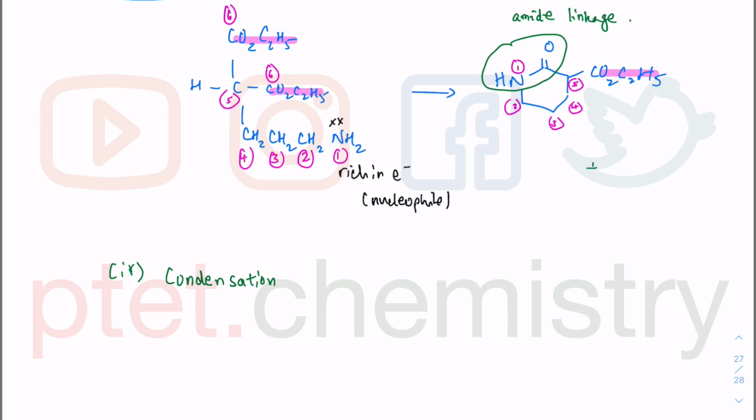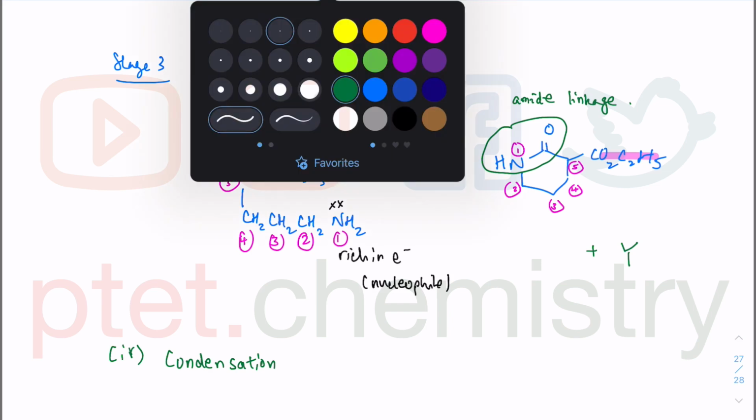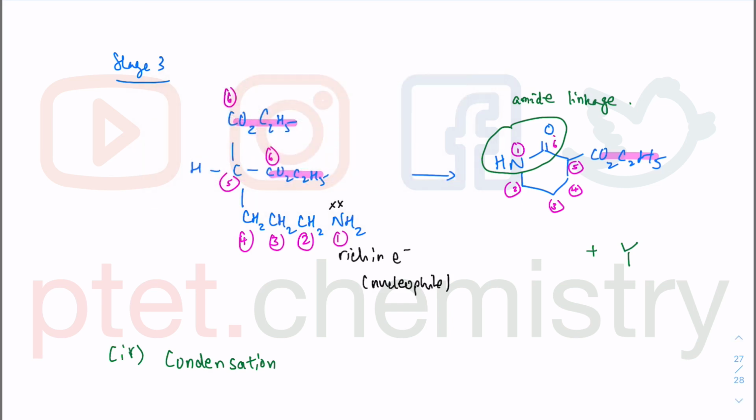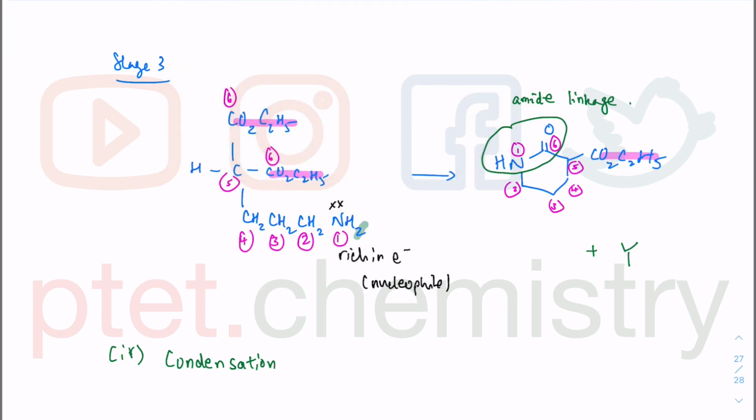But at the same time, they also say you kick out Y, because if you add onto this carbon number 6, if I use a different color, pink color, that means I have lost the rest of the molecule, and I will have lost one of the hydrogens. You will hopefully see one of the hydrogens is gone, as well as all this C2H5O, because it's just a C double bond O from one of these ester linkages.